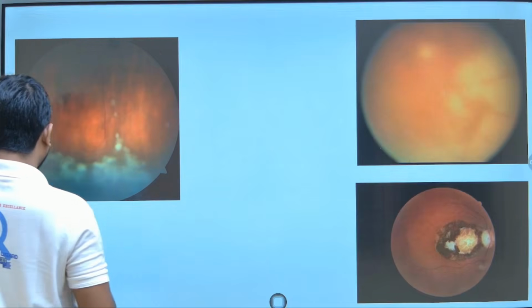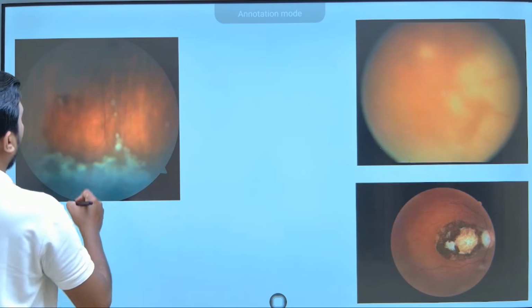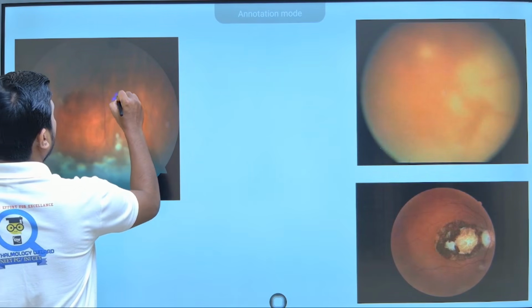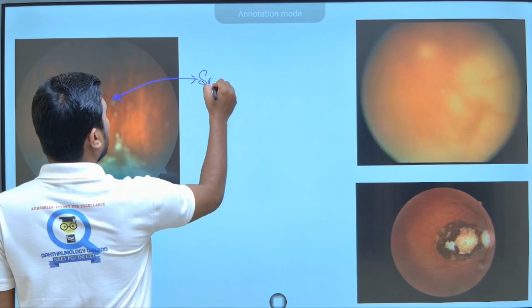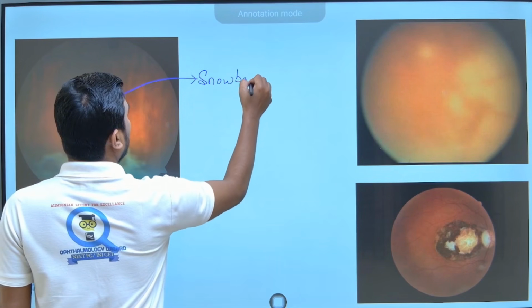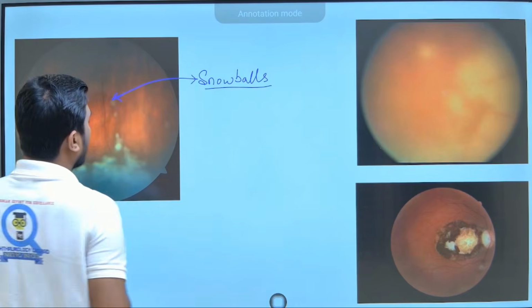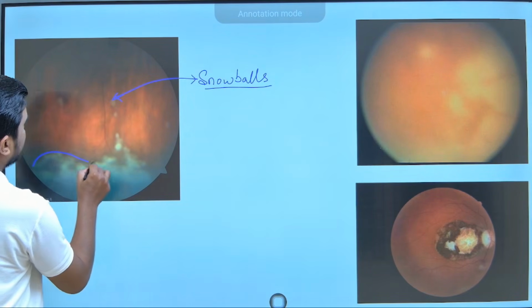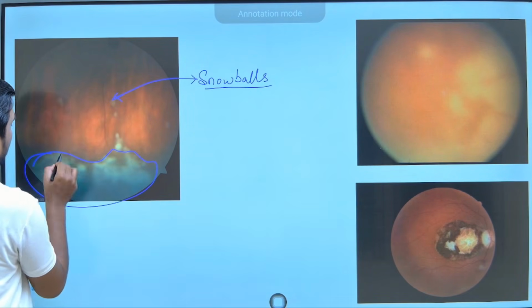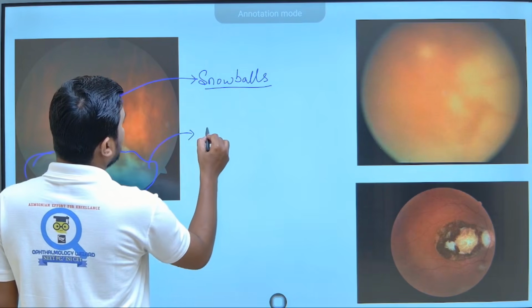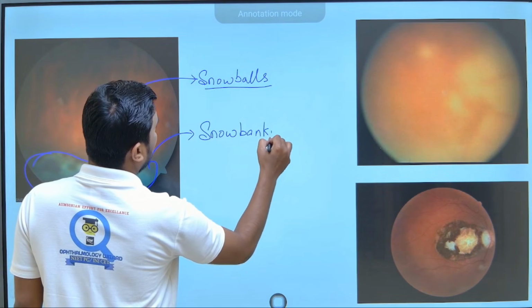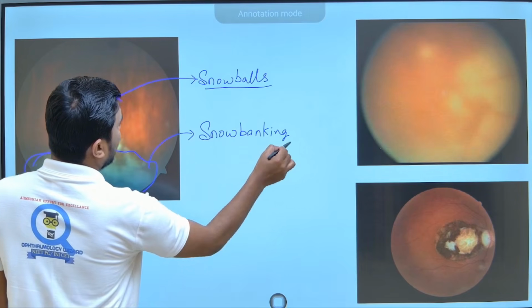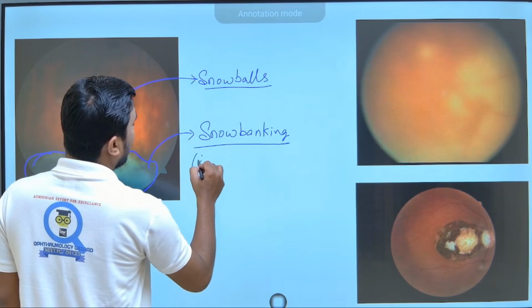If the patient is having some kind of inflammation, then what will we call these? Snowballs. And the accumulation of these yellow lesions here is snow banking. Snow banking is where? On the pars plana.